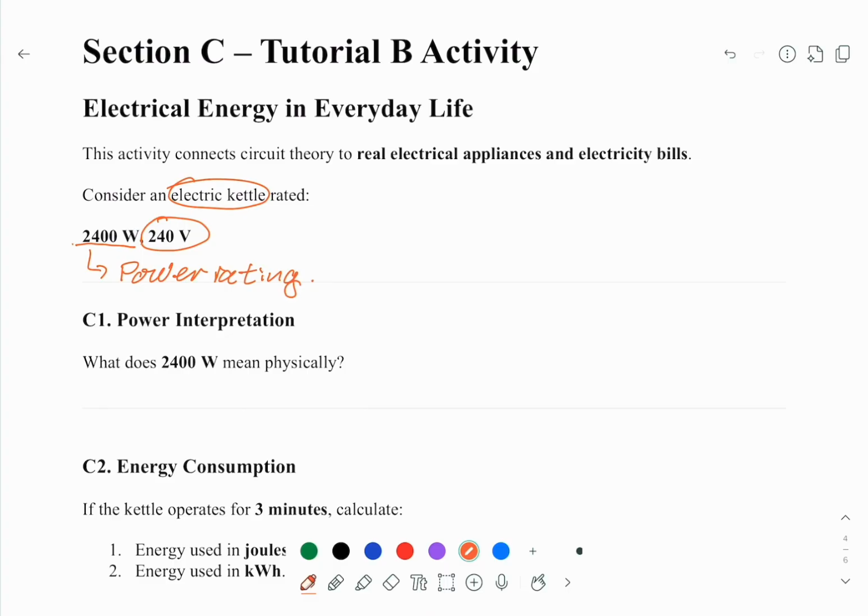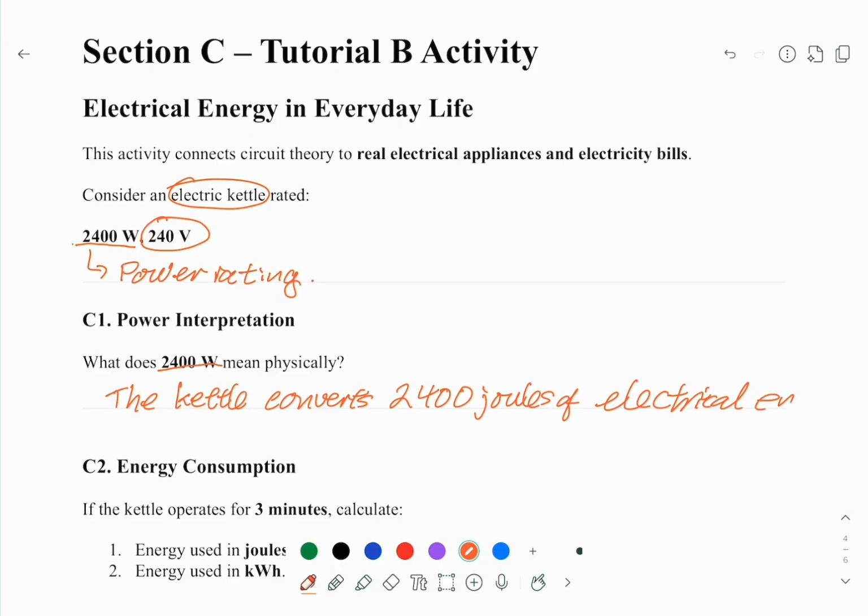Now, what does 2,400 watt mean physically? It just means the kettle converts 2,400 joules of electrical energy every second.